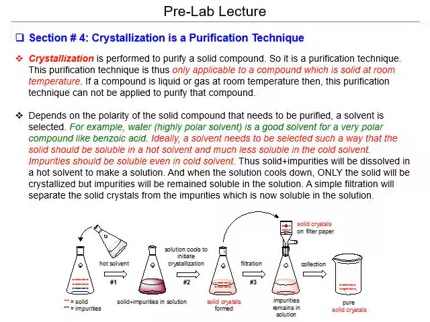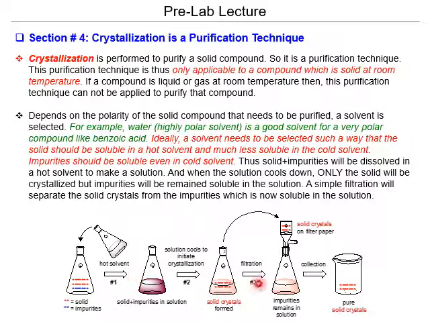So again, when you have your impure compound, you'll put it in a solvent, you'll dissolve it, right? And you're going to warm it up so that both the impurity and the compound dissolve. Once they are dissolved, eventually you will cool them after doing some stuff to them that you'll see.